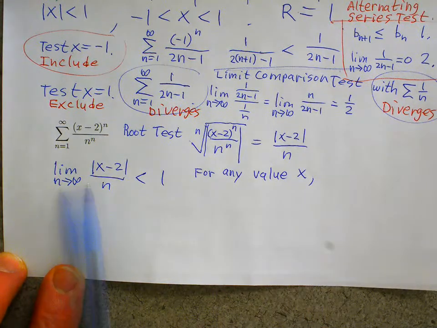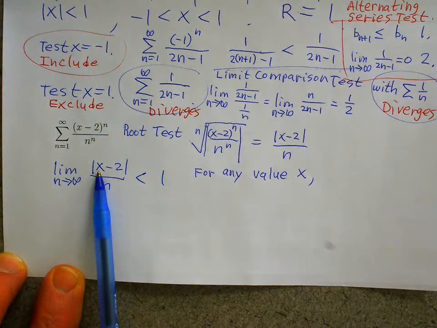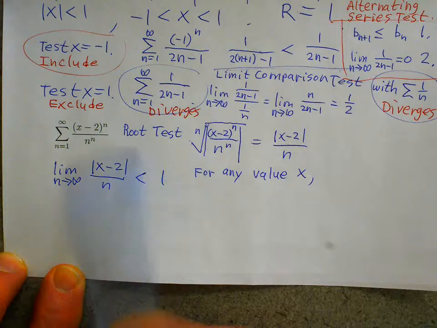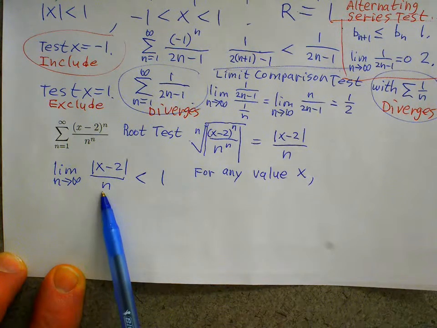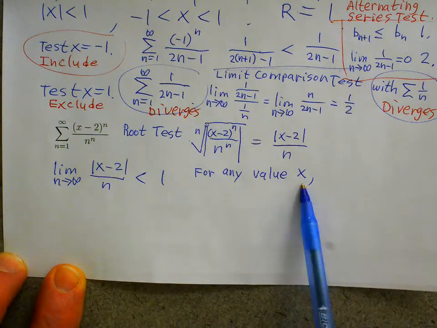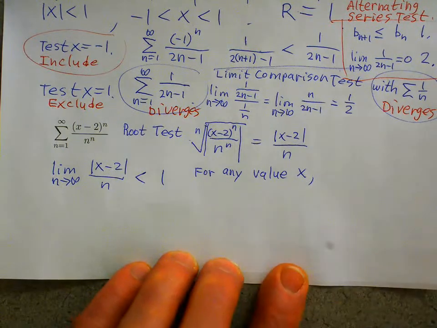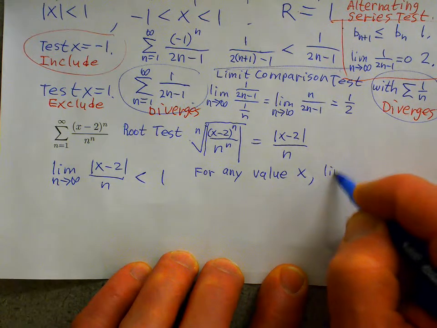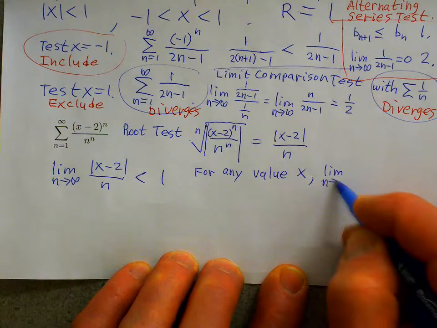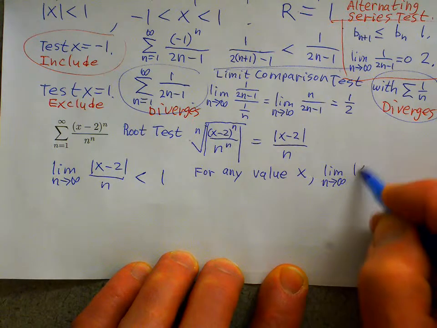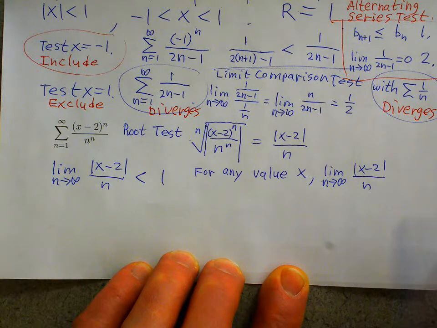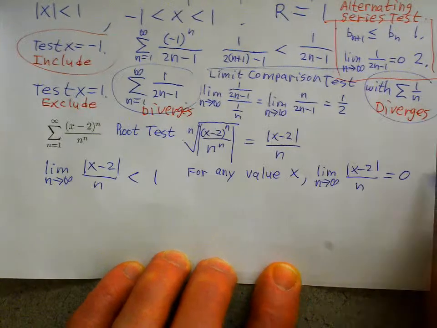The limit of the absolute value of x minus 2 divided by n is going to go to 0 for any value of x. So this limit is 0, which is less than 1.